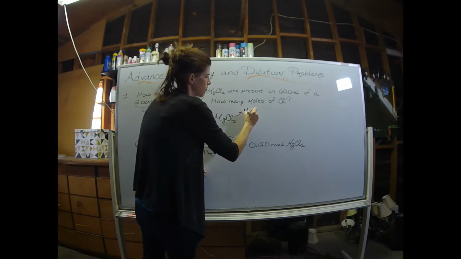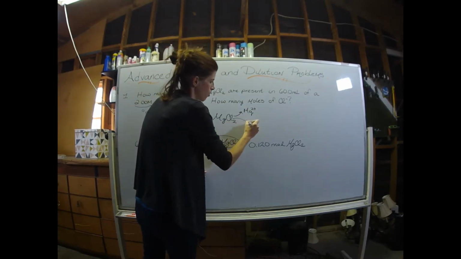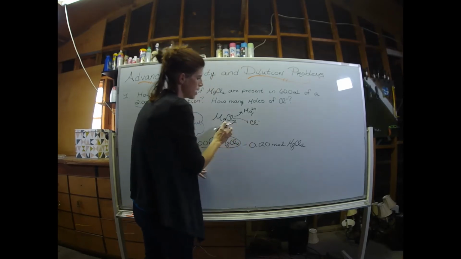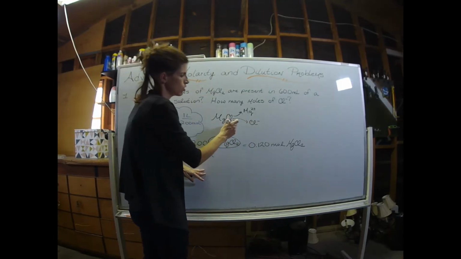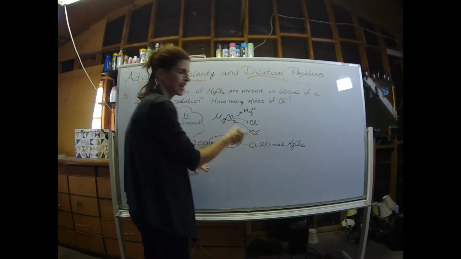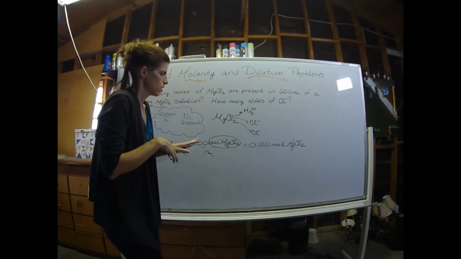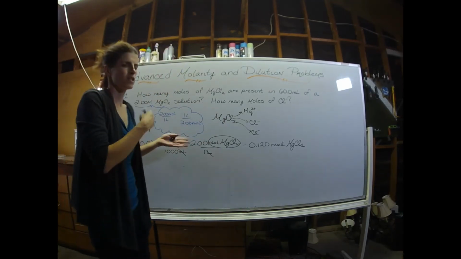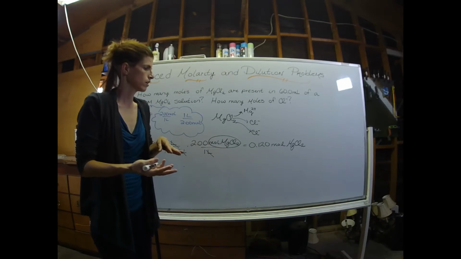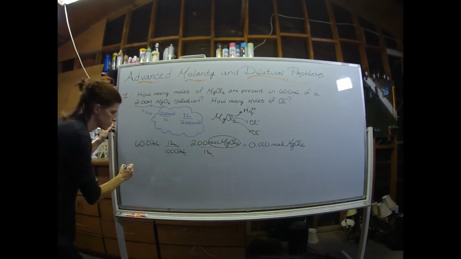We're going to have magnesium, chloride, and because of the subscript of 2, I'm actually going to get twice as many chlorides forming. I'm going to use that, or you can think of it as a formula conversion factor, to solve the second part of the problem.